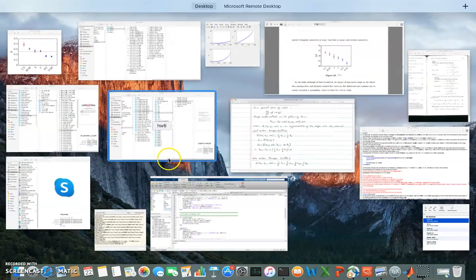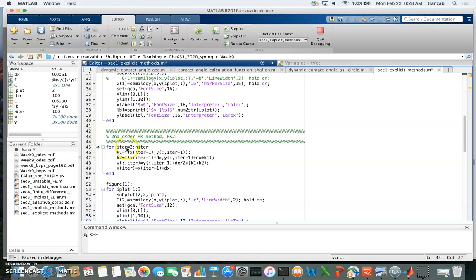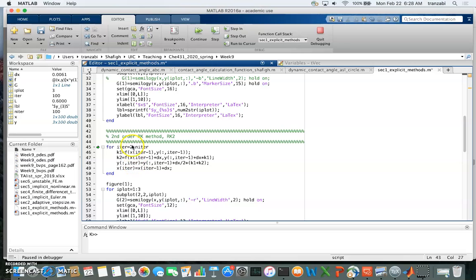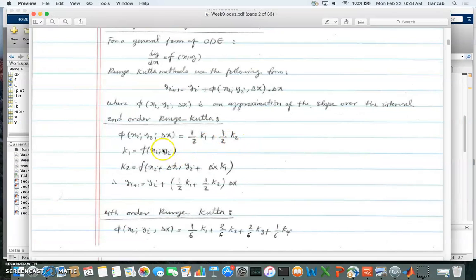The difference is here in the script, my i starts from 2, which means i minus 1 starts from 1. That is true because I initially have x1 and y1, based on which I calculate y2. This is basically just a matter of how I call the indices, nothing else. So this is pretty much identical to these three equations right here.